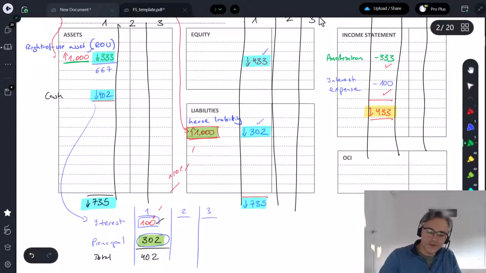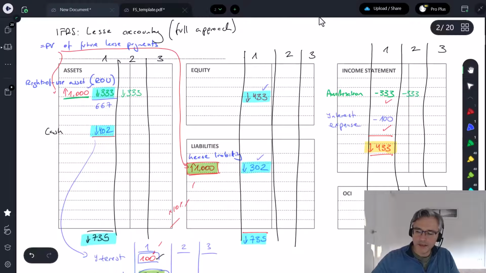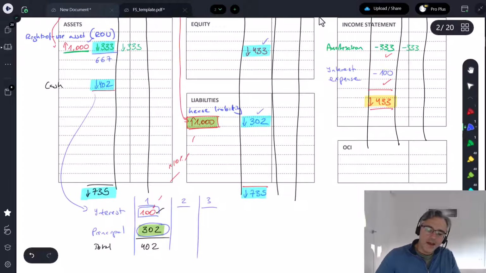In year 2, we have another portion of asset amortization, which, just like before, impacts our P&L, our income statement, but this is now for year 2. Cash, well, actually, let's stop over here and have a look at the asset's value.